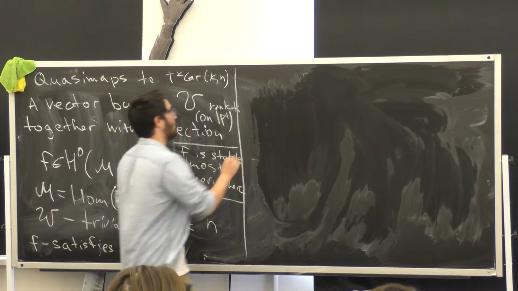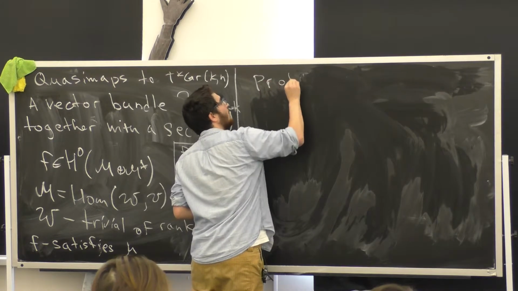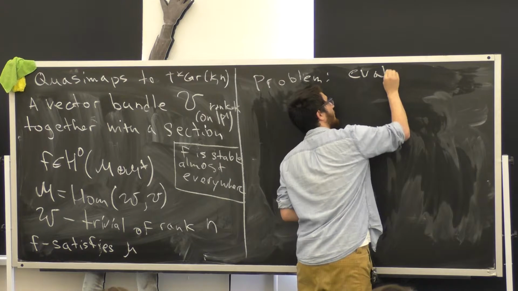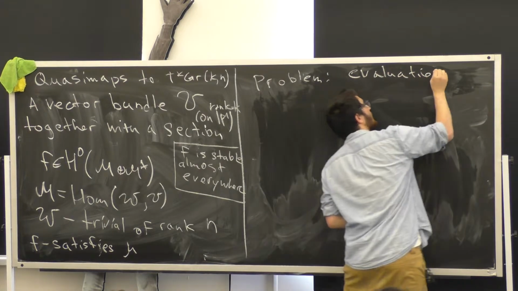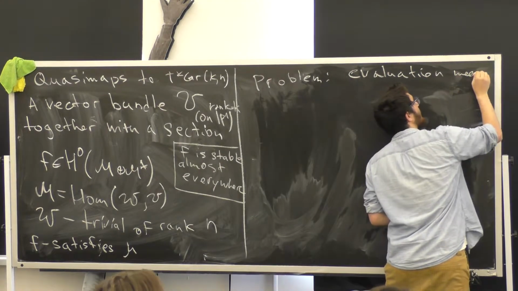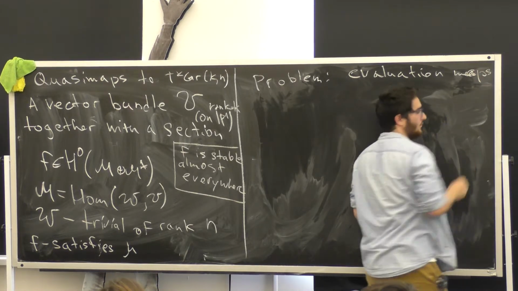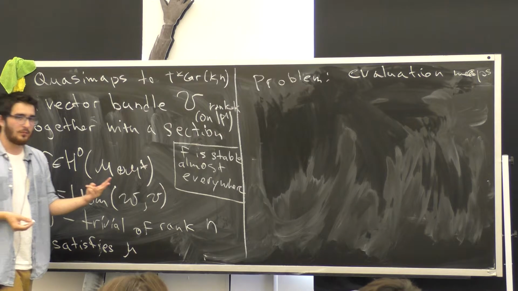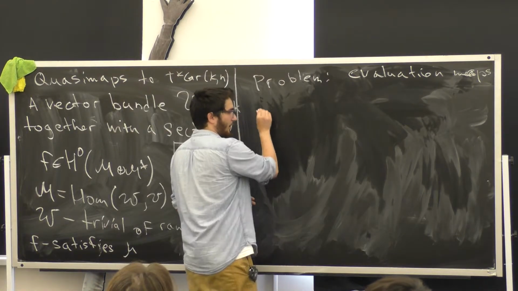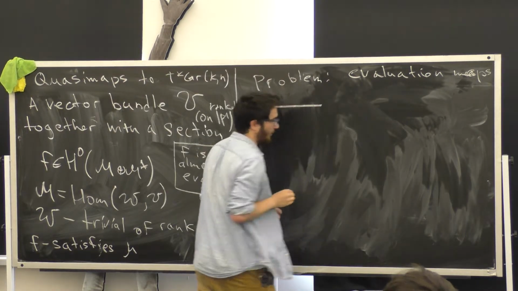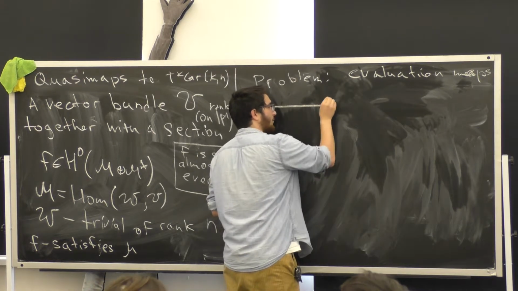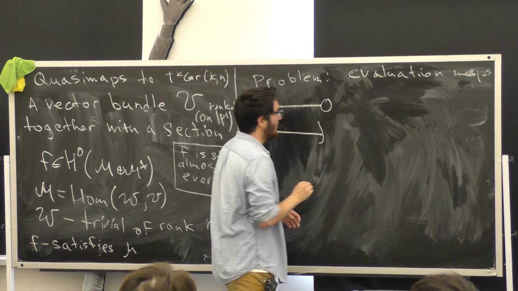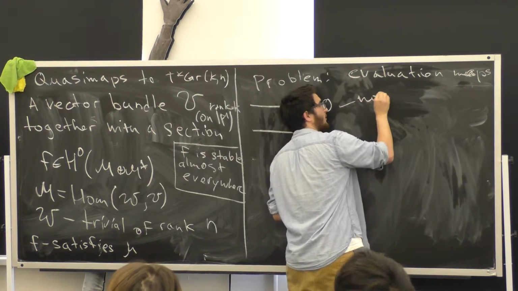Okay, so the problem: evaluation maps. And there are two ways to go around this problem. And I'll start using the picture notation for them. One will be depicted like this, and the other one will be depicted like this. This is non-singular.